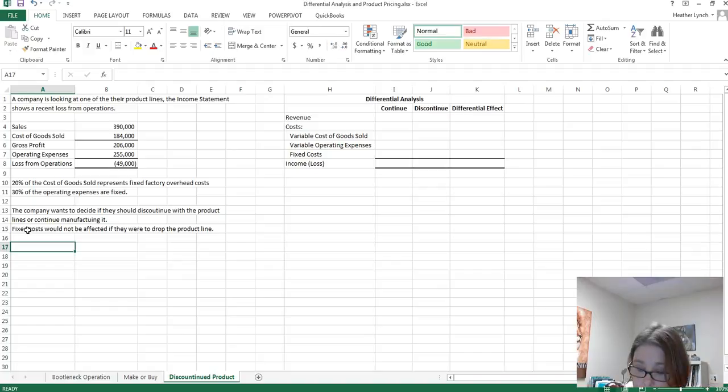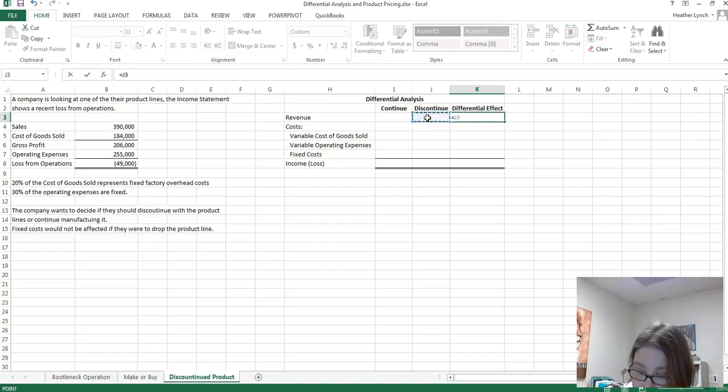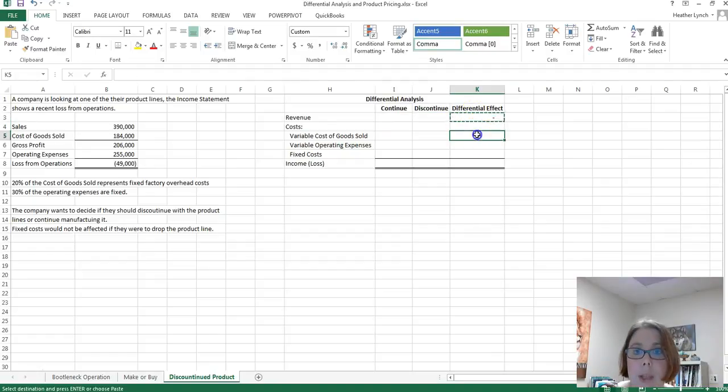So again, we want to do a differential analysis to determine whether we continue making this product that has a negative $49,000 loss, or we discontinue it. When we're looking at this one, we're going to be looking at the difference between the discontinued and the continued. Let me copy this formula down.